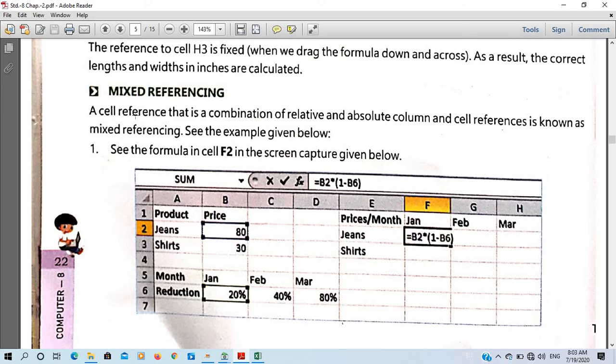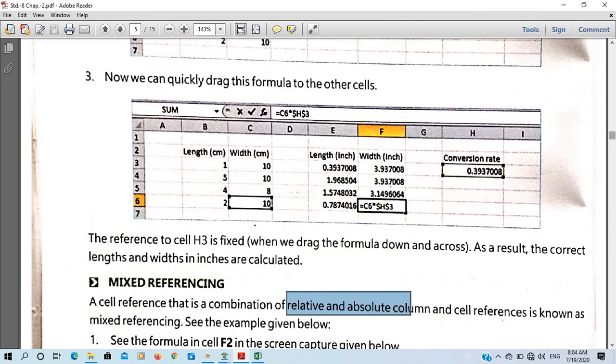A cell reference that is a combination of relative and absolute column and cell references is known as mixed referencing. For example, the one above was also a mixed example.